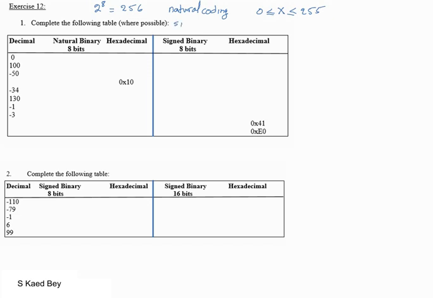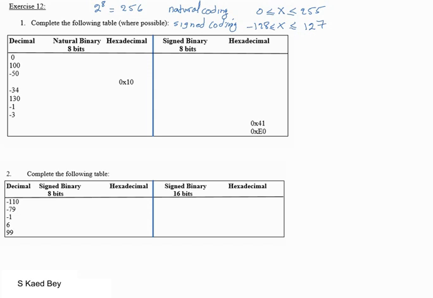However, in signed coding, my number will vary between 2 to the power 8 minus 1 minus 1 down to negative 2 to the power 8 minus 1. And here 8 is the number of bits used. So this means in this case x would vary between 127 to a negative 128.